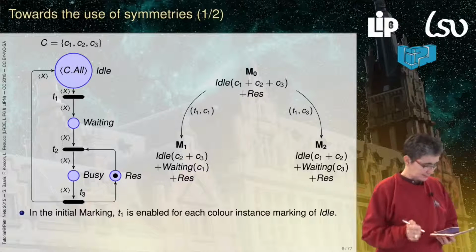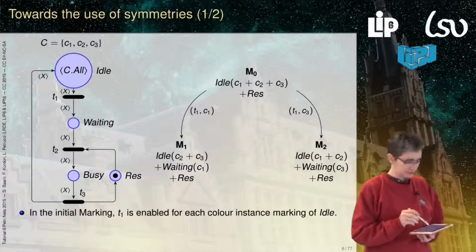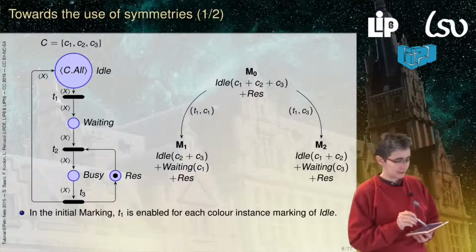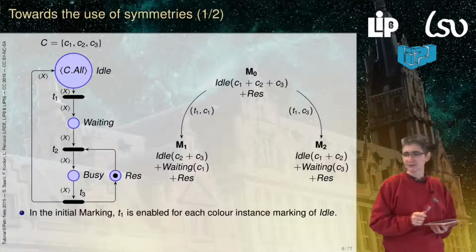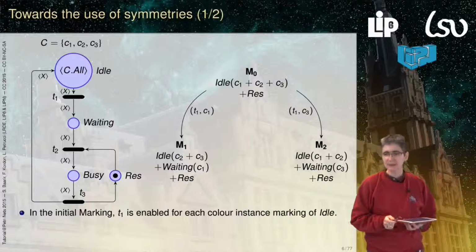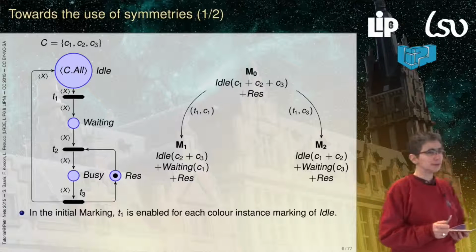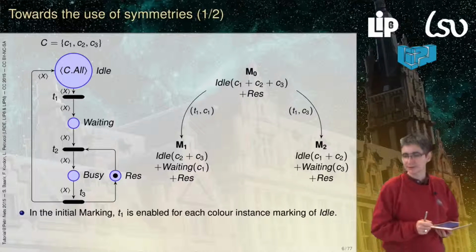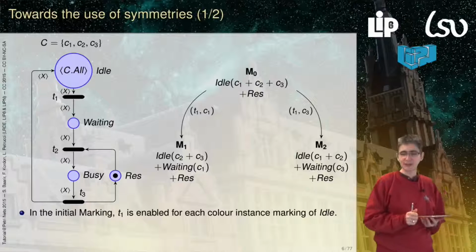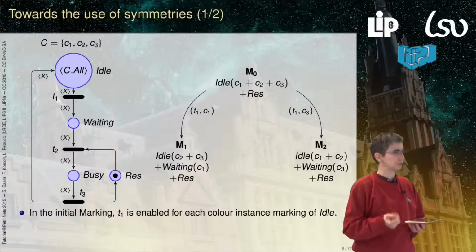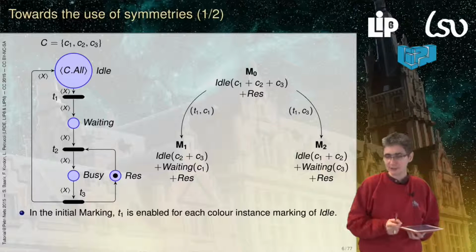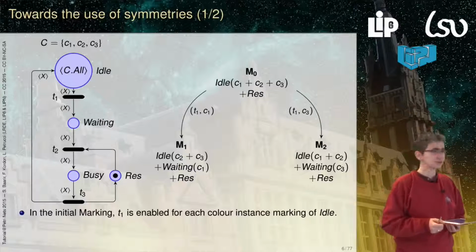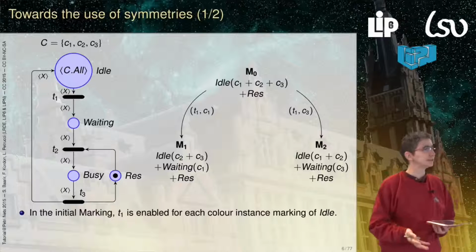Okay, they are very similar in the sense that initially we have in idle place the three processes, and we have the resource. And in markings M1 and M2, we only have two processes remaining in idle. The one we have chosen to fire the transition is now in waiting, and we have the resources as well. So they have a very similar structure.